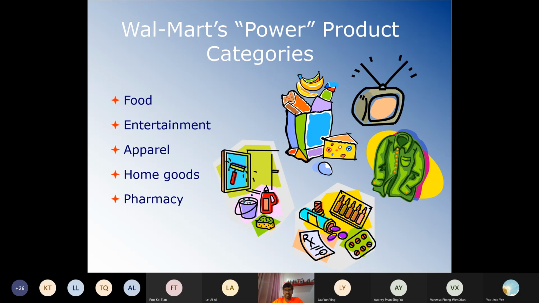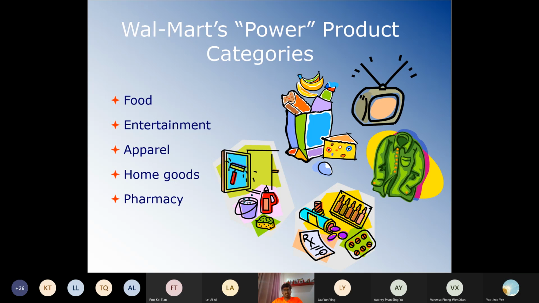Thereby they understood not only what customers purchase, but also the way they purchase, because that is more psychological. Then they were able to segment the shop into different categories. As a result, they were able to make big money. So this is called power product categories.